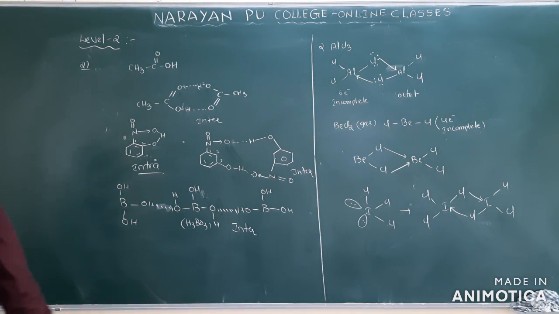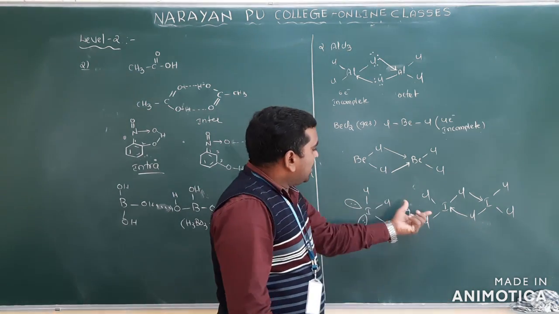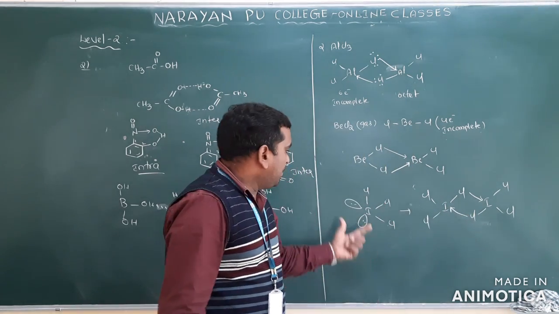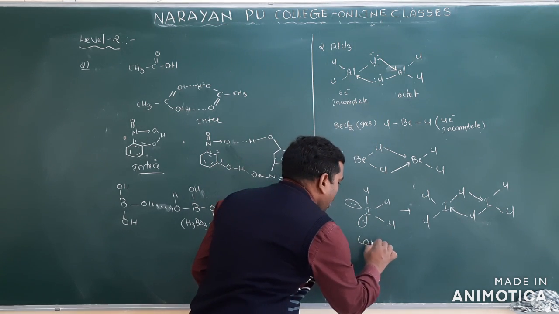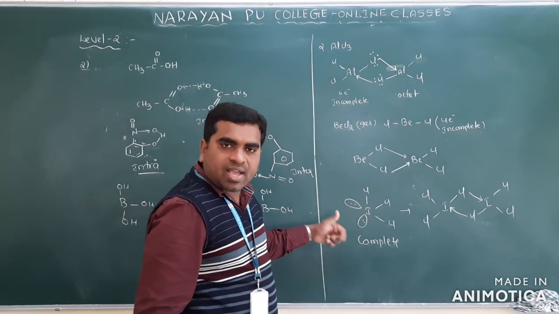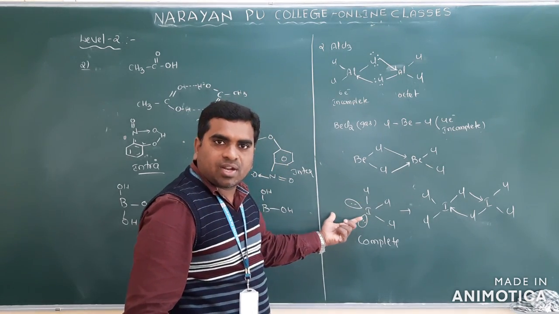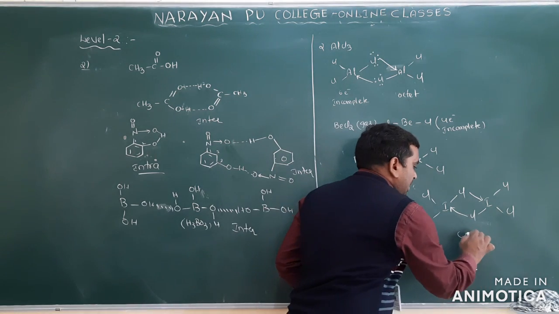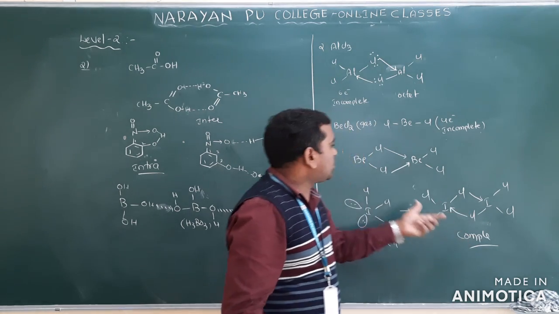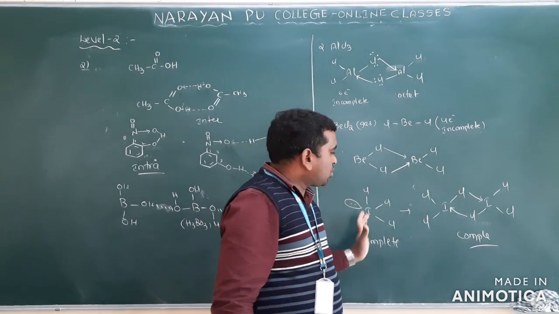Because they are stable when they are in the dimer. But here the octet is complete, more than that, an extended octet. And here also the octet is complete. But dimerization here is not for getting the octet. It is not a driving force.